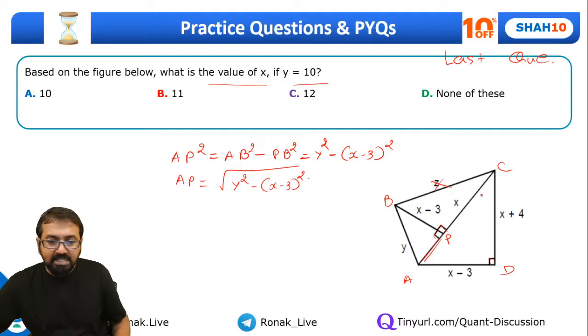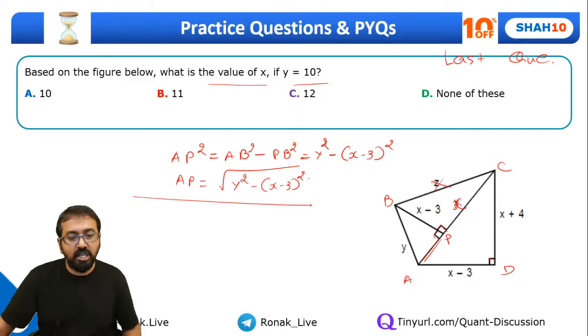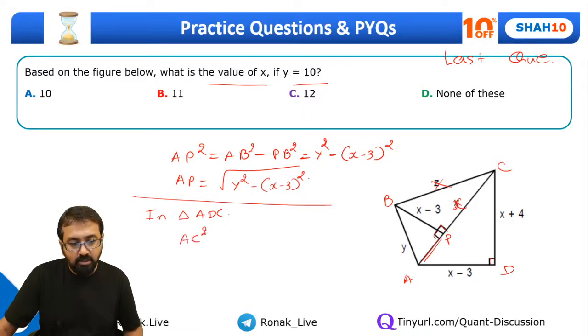Now can I say PC? This PC is also equal to x. PC is given as x. So we know this thing, we know this thing. So now we can apply Pythagoras in triangle ADC. This AC is the hypotenuse, so AC square is equal to AD square plus DC square.